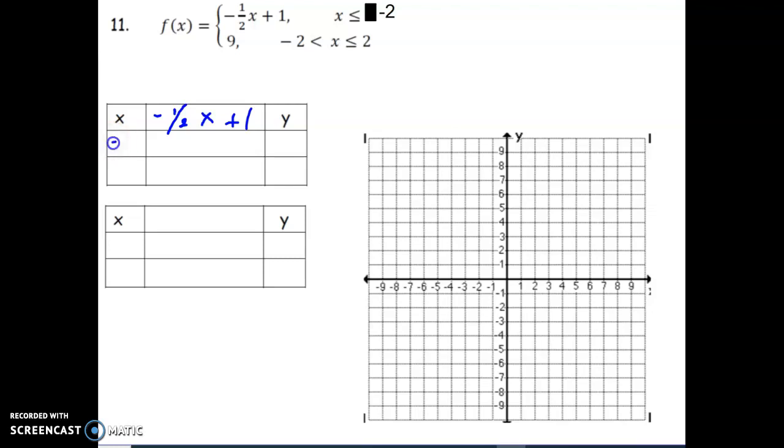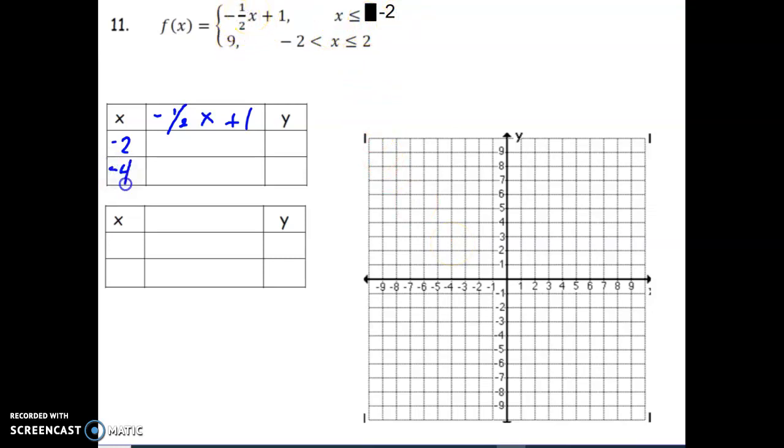Well, I don't have a choice but to pick -2, and then I can pick anything less than -2 I want to. Now, I'm going to choose wisely to get something even so that 2 will go into it evenly, and then I won't have to worry about working with fractions in my graph. I'll have all integers. So something less than -2 that can be divided by 2.